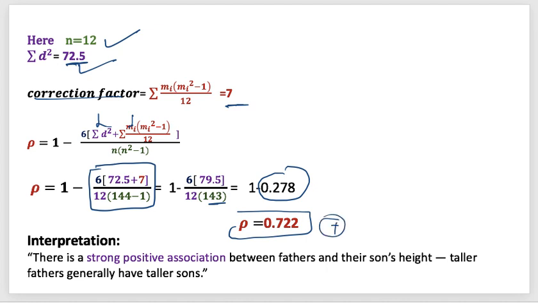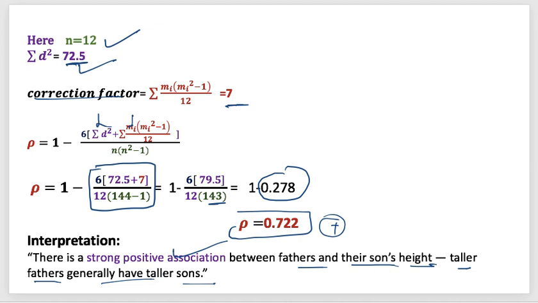So it is positively correlated, and since 0.7 is a strong correlation value, we can say there is a strong positive association between the father and their son height. That means we agree upon the notion that taller fathers generally have taller sons.